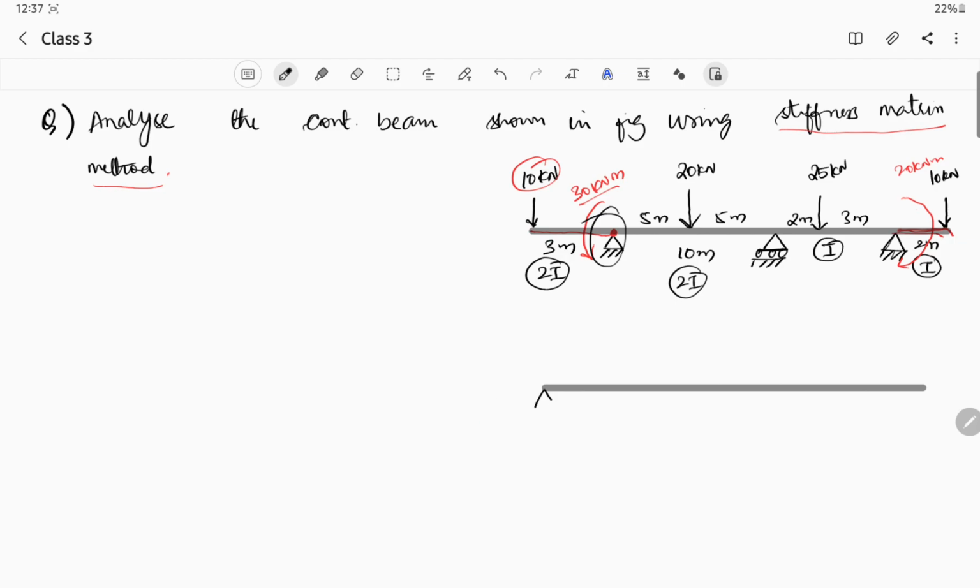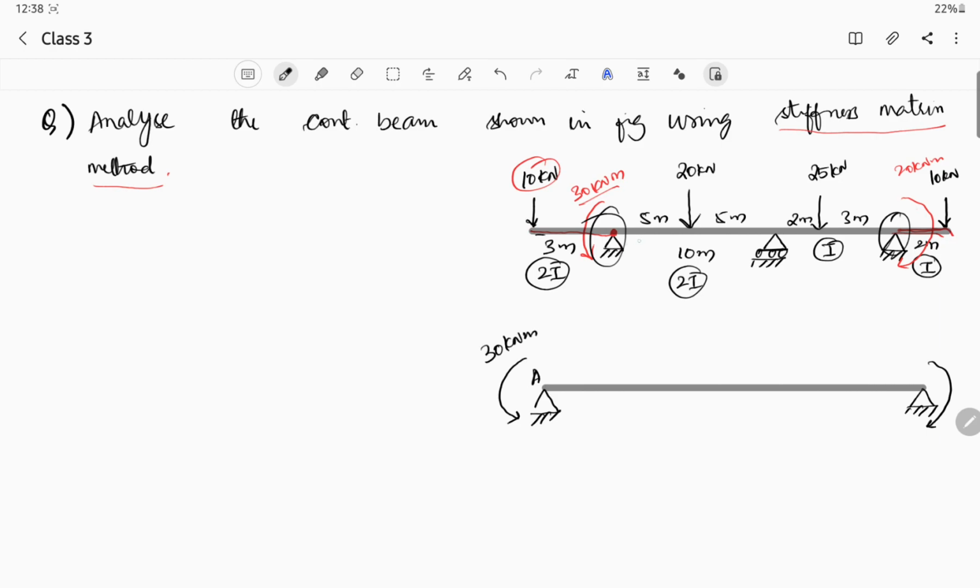I'm adding a support here, and here also at this location I'm adding a hinge support, and along with that I'll try to draw an anti-clockwise moment and a clockwise moment like this. So this is point A, I'm naming this as point A, and the moment developed because of this cantilever portion is how much? 30 kilonewton meter.